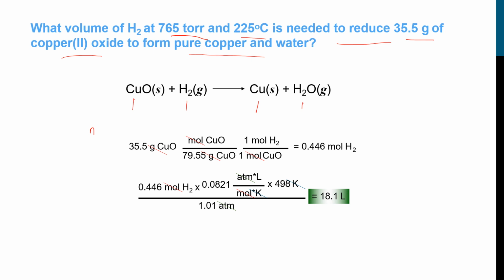Dan bila dapat nilai n, kita buat perkadaran. 1 mole of copper(II) oxide reacts with 1 mole of hydrogen. That's why buat 1 over 1. So you will get the n, number of mole of hydrogen is 0.446.